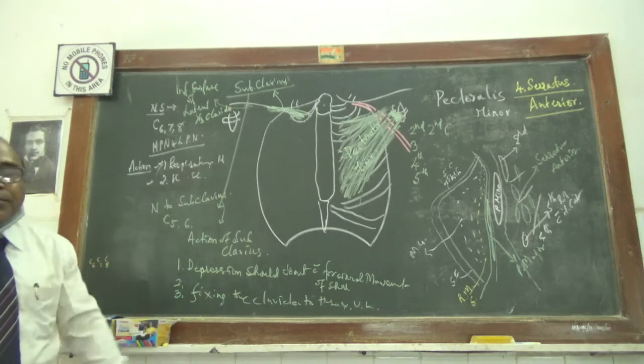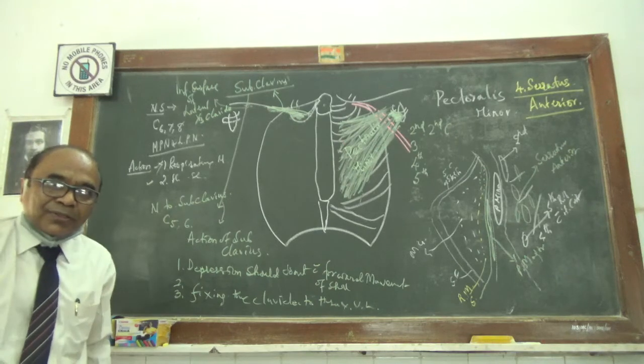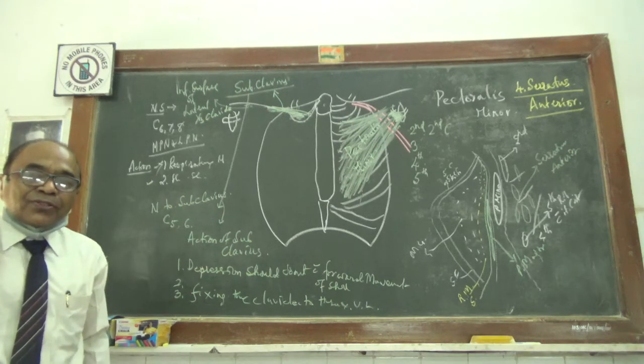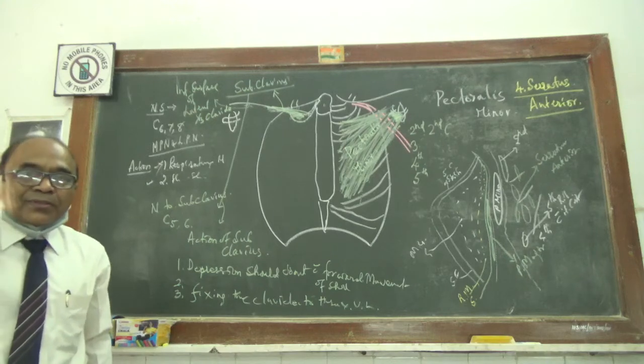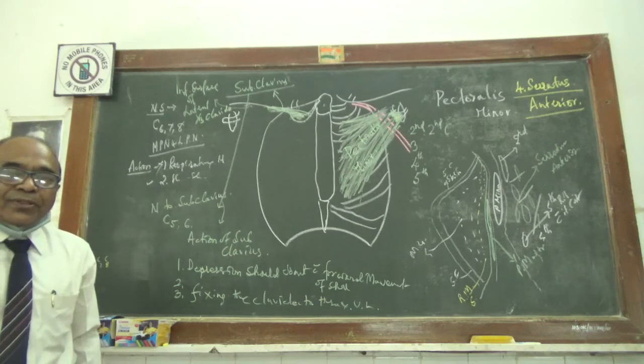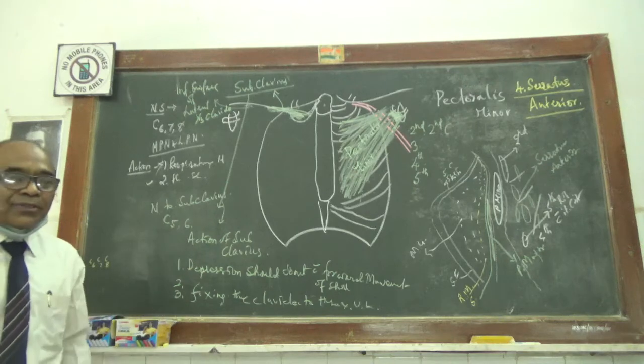Serratus anterior belongs to the pectoral series, similar to the preceding 3 muscles, pectoralis major, pectoralis minor, and the subclavius.